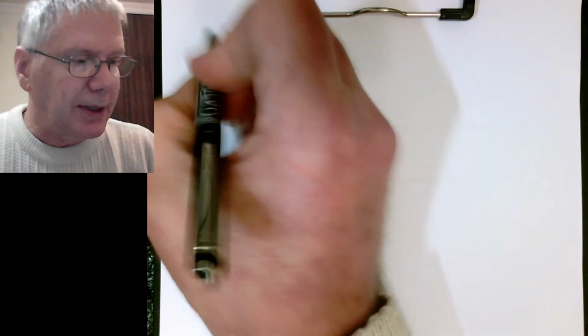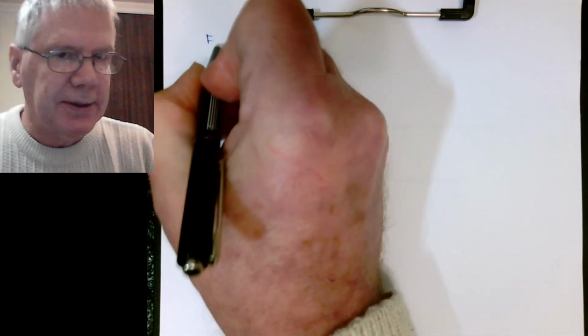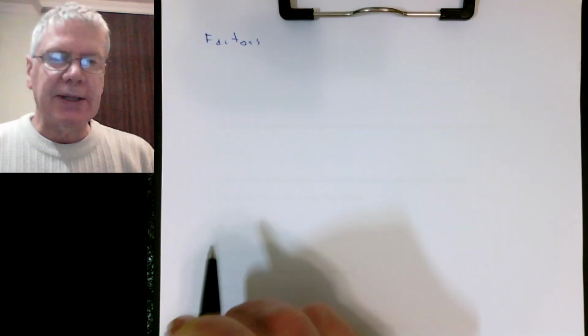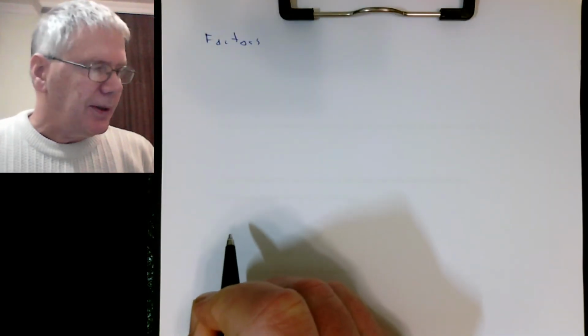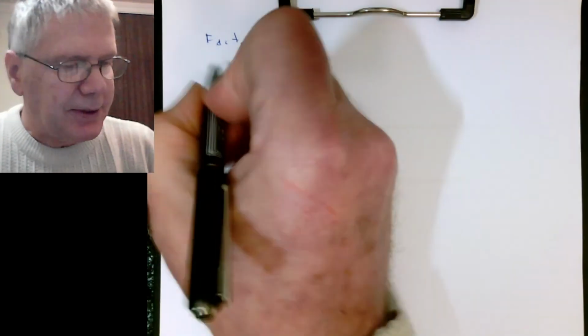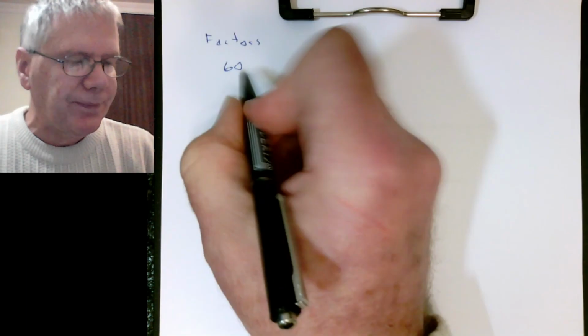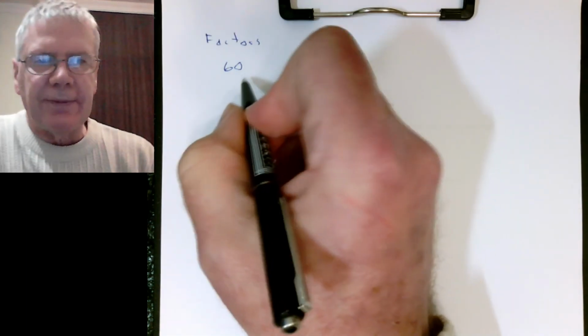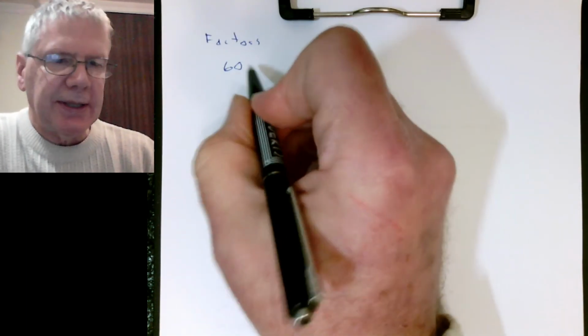So let's look at the last thing that we want to do, and that's to use the prime factors to find all the factors, which is going to be best done on a spreadsheet. But let's use a reasonable number for this. Let's use 60. We want to find all the factors of 60. And we can list them in this case.